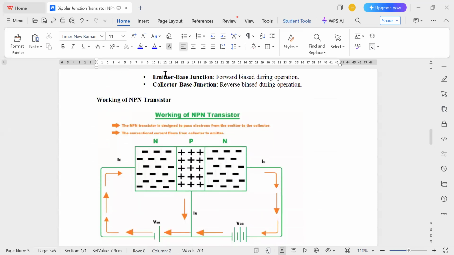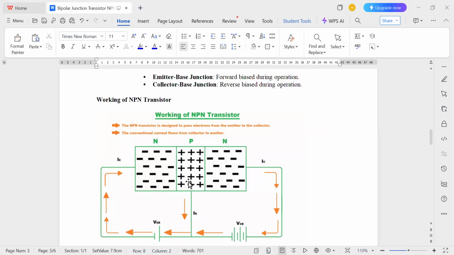So how do we make the base-emitter junction forward biased? If we connect P-type material to the positive terminal of the battery and N-type material to the negative terminal of the battery, we say that it is forward biased. So the base should be connected to the positive terminal of the battery and the emitter to the negative terminal. Then the base-emitter junction is forward biased. The collector-base junction should be reverse biased.